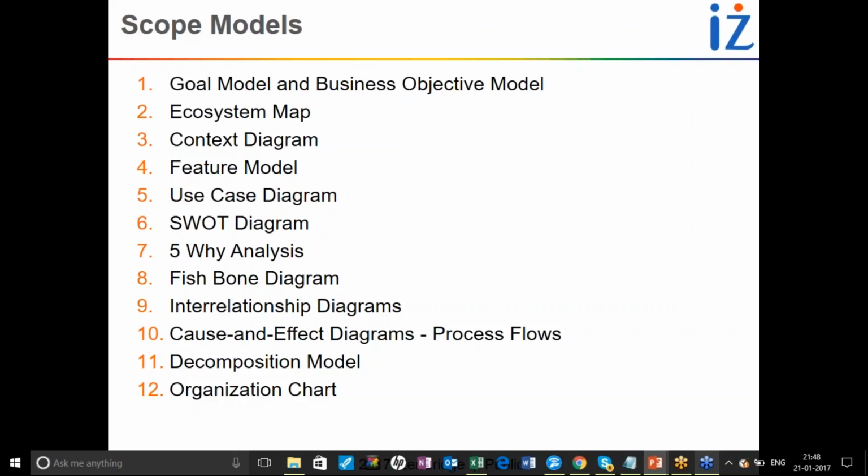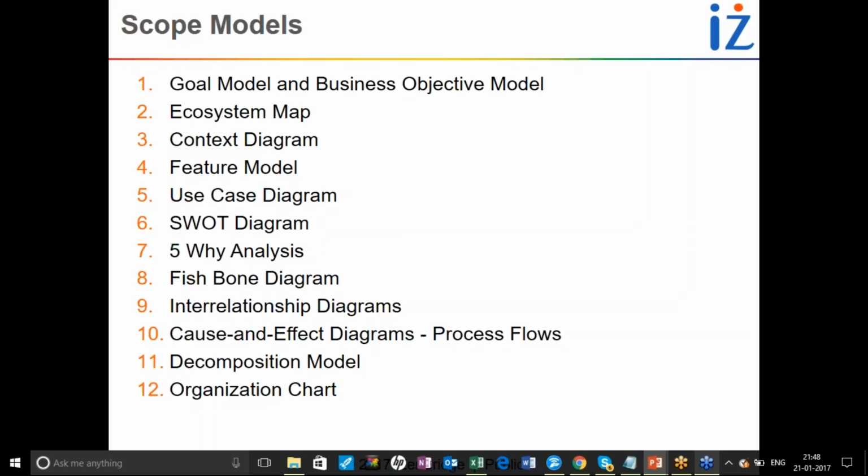Process flow is also an important tool for scope models, because here the high level process flow is represented to know the solution, and you are exploring what is going on at each step. So it can give you a better idea about the various features, functions, and boundaries.